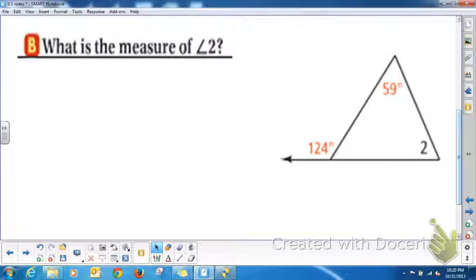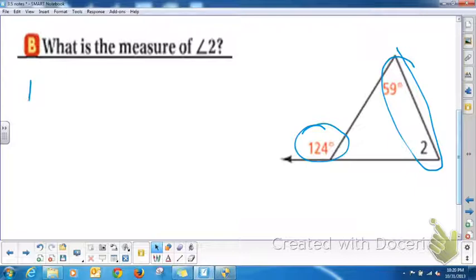You try this one. What do you think? If the exterior angle is equal to the sum of the two non-adjacent interior angles, then how can we find one of those non-adjacent interior angles? We would write an equation. 124, which is the exterior angle, degrees is equal to the sum of the two angles on the non-adjacent interior.